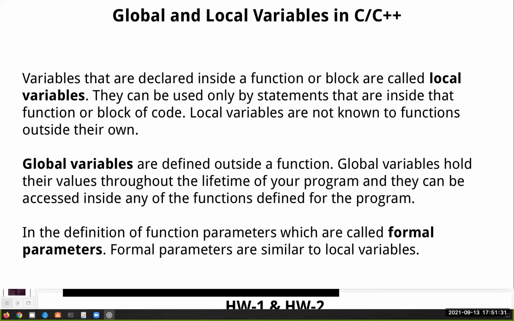And the local variables are not supposed to be known by other functions. However, global variables are defined outside a function, and they hold their values throughout the lifetime of your program, and they can be accessed by any function defined in that program.